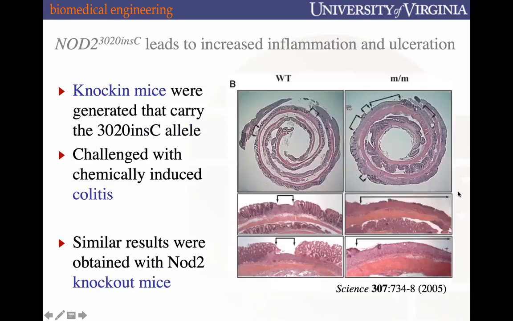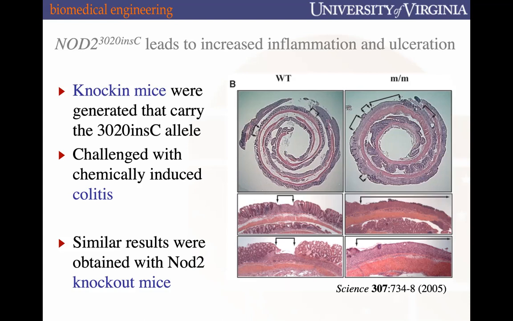To take it a step further, one group took that mutation, the NOD2 320 insert C, and knocked it into a mouse. A knock-in mouse is when we take the embryo, the blastocyst of a fertilized fetus from mice. In this case, we are knocking in some sort of mutation, and these mice have that same mutation that these kids had in the previous slide.